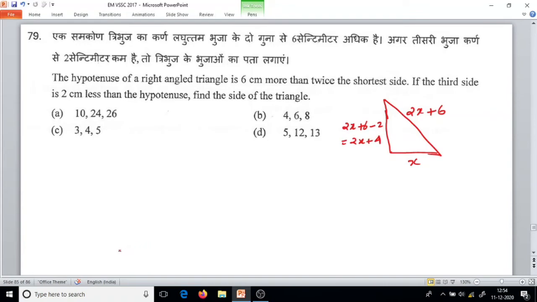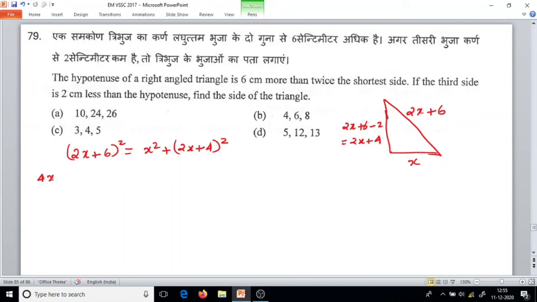Okay. Now we have to simplify this using the Pythagoras theorem. As per the Pythagoras theorem, hypotenuse square, that is (2x plus 6) whole square, equals the sum of the squares of the other two sides, that is x square plus (2x plus 4) whole square.